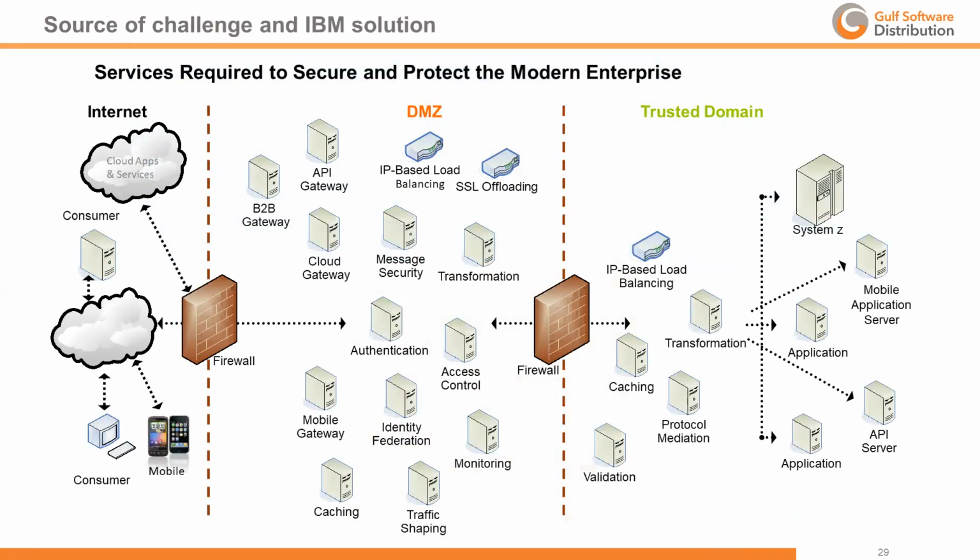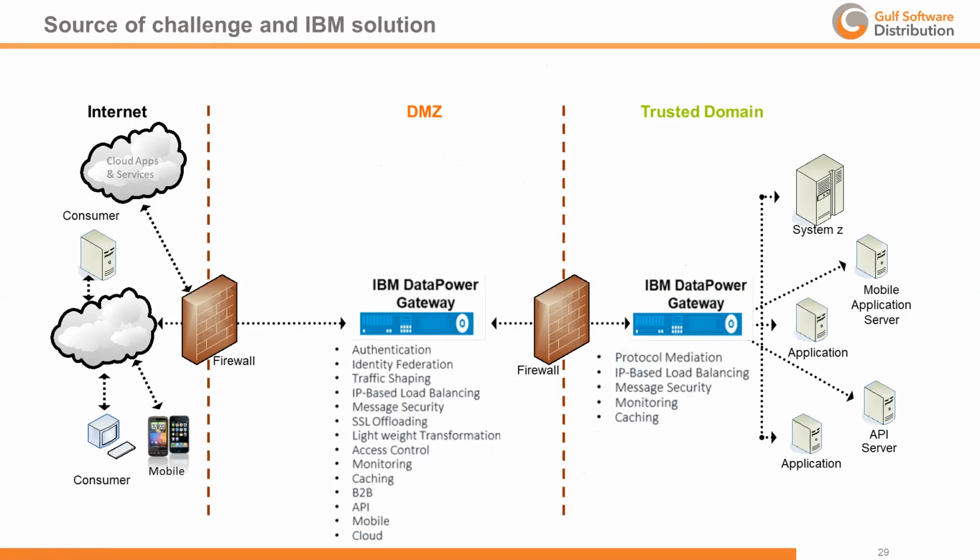So basically, you will have your customer who has separate systems for identity federation, monitoring, authentication, access control, transformation, message security, and all these things. All these different systems can be replaced by one single product, which is called IBM DataPower Gateway. It can be placed in the DMZ zone, it can be placed in the trusted zone, or it can be placed in both the zones.